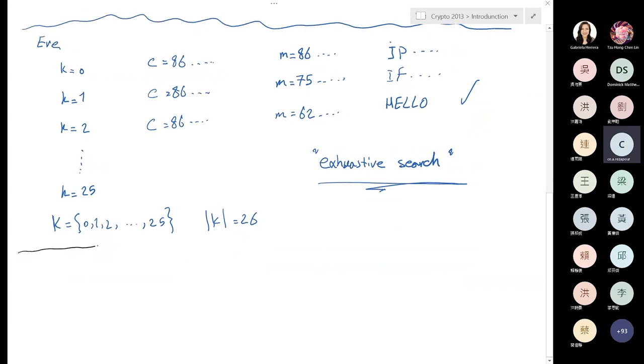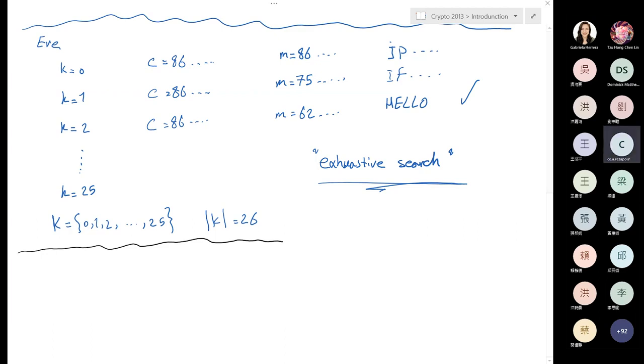The very first thing that we learn here is that no matter how complicated the algorithm is, we want the key space to be as huge as possible.